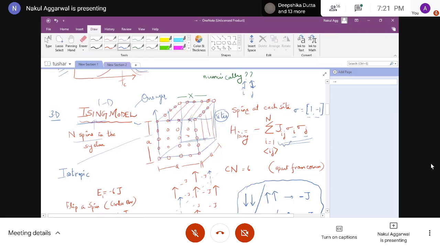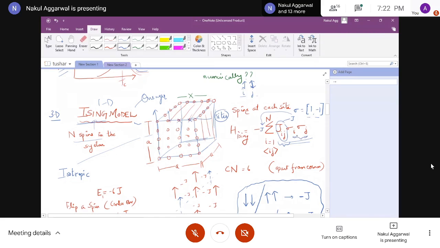For simplicity, we are going to make some assumptions, because otherwise the visualization will become fairly complicated. We assume that all the interactions between the ith and jth spin are constant, and we just denote that by J. So J comes outside, and you basically have the summation of sigma i sigma j.